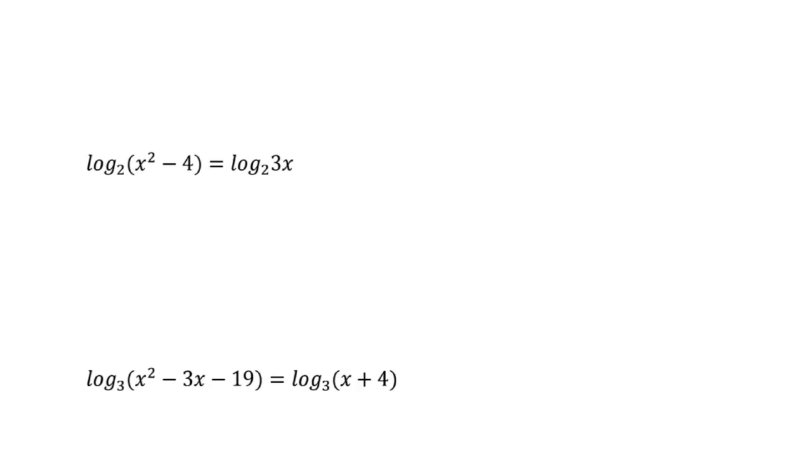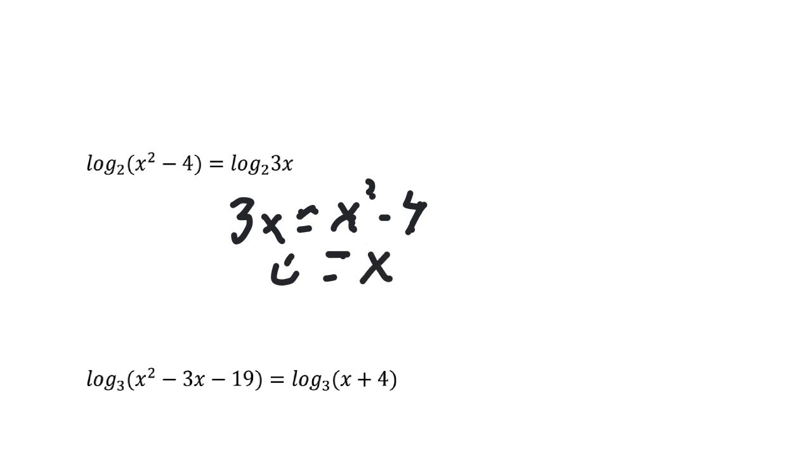Again, just basic solving if you can get the bases the same. So 3x equals x squared minus 4. Well, now this is a little bit different. Subtract that, and you get 0 equals x squared minus 3x minus 4.